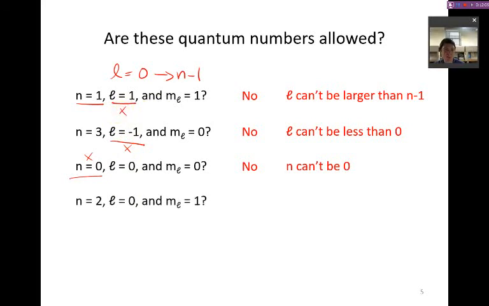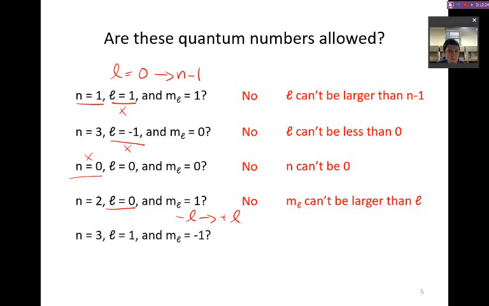What about here? In this case, n equals 2, that's allowed. L equals 0, that's allowed for when n equals 2. But our m sub L cannot be outside the parameters of negative L to positive L. We have an L value of 0, so m sub L could only be 0. Last one here. Pause and try this one. So this one can happen.